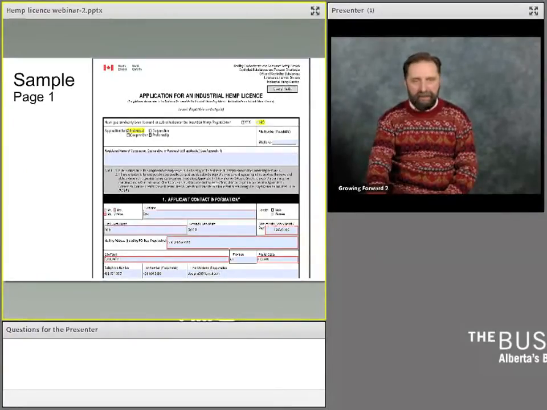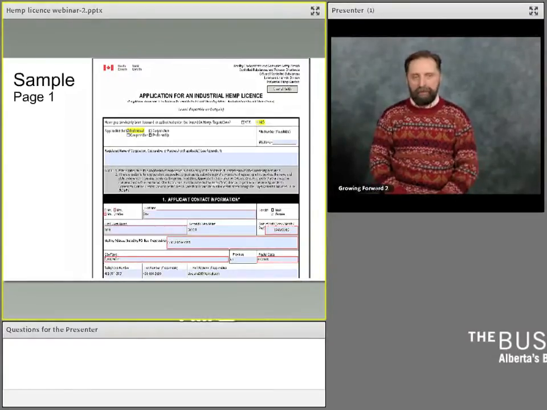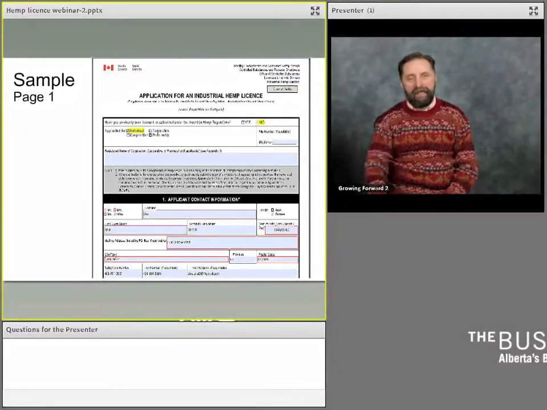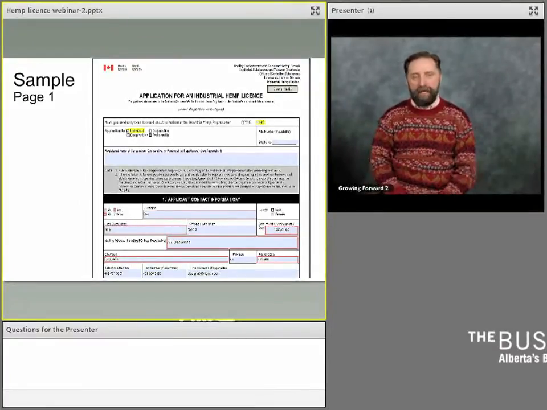The next box is really important. Here you have 4 options. You can apply as an individual, or as a cooperative, corporation, or partnership. As you might notice, I highlighted and checked off individual applicant. Even if you're a part of a cooperative or corporation, my advice would be to apply as an individual.